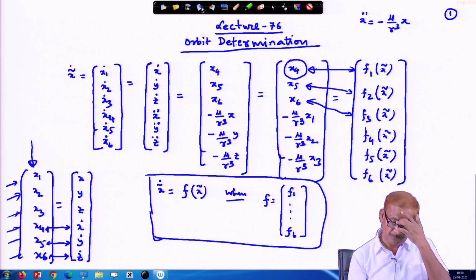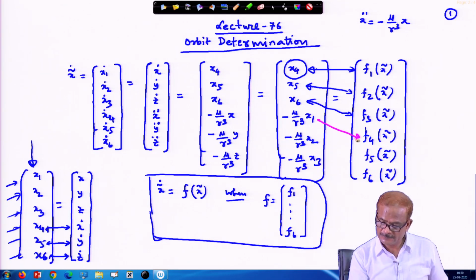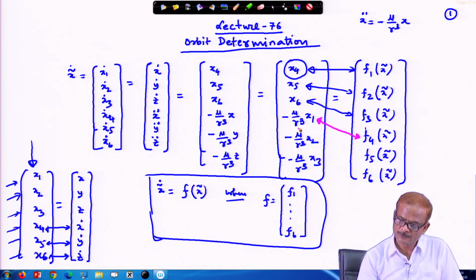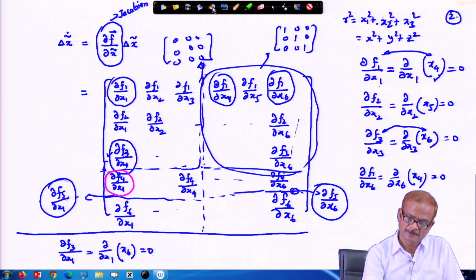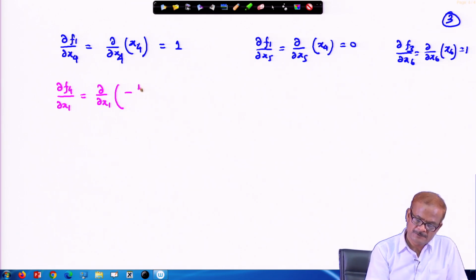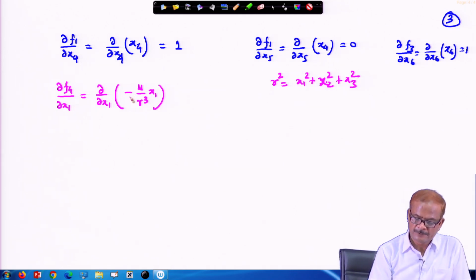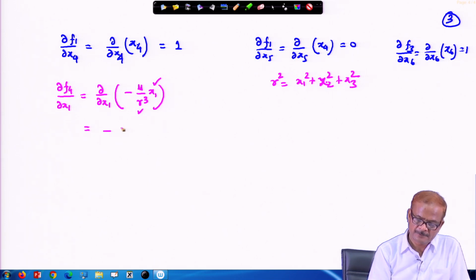For that we need to go here, you can see f 4 is this quantity, minus mu by r cube x 1. But r is itself a function of x 1 square, x 2 square plus x 3 square. So, we need to differentiate this and this both in taking the partial derivatives.